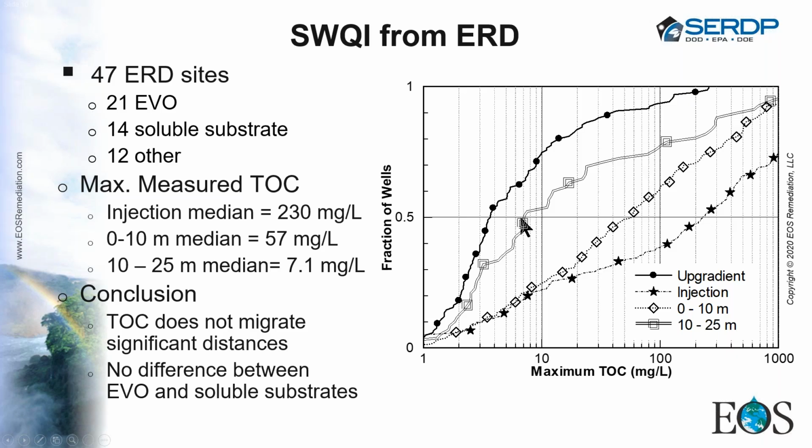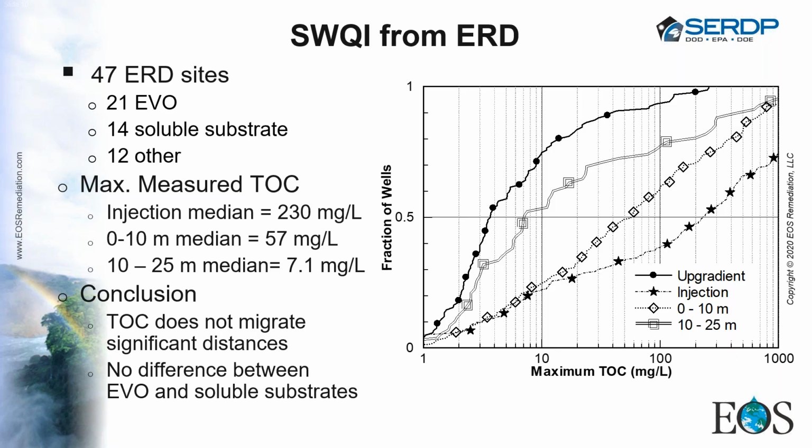If you go in the range of 10 to 25 meters down gradient, it's much, much lower, now only a few milligrams per liter TOC. So what we see here is that dissolved TOC that people measure doesn't migrate, or it only migrates a quite short distance.